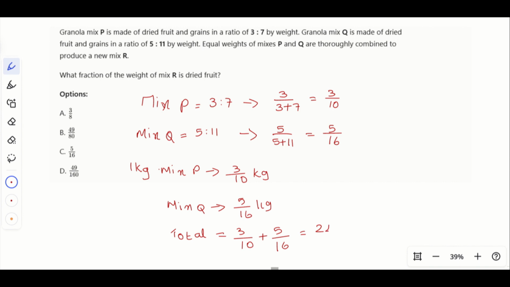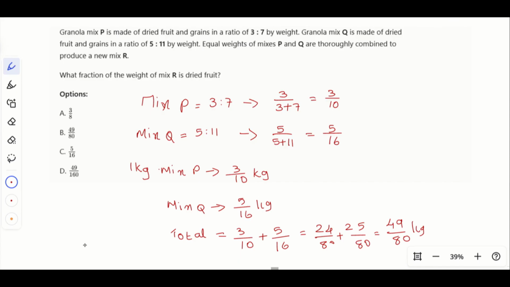So 24 by 80 plus 25 by 80, which will give you 49 by 80 per kg. This is the ratio we got.